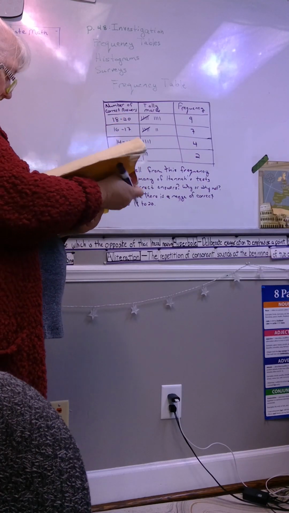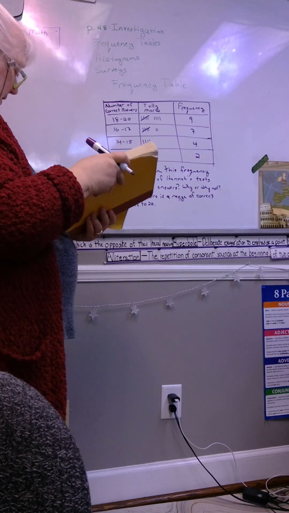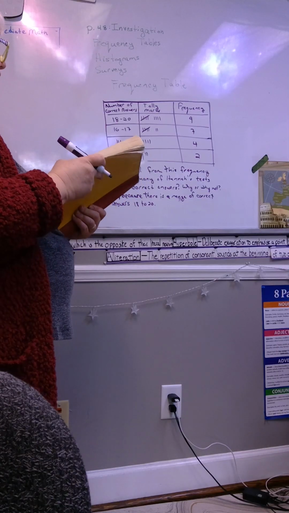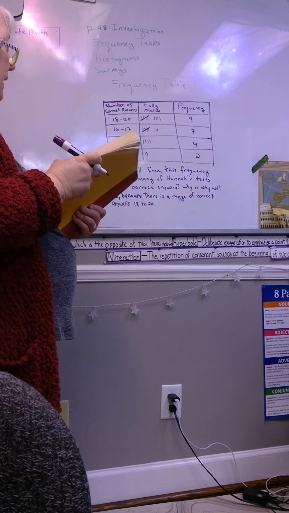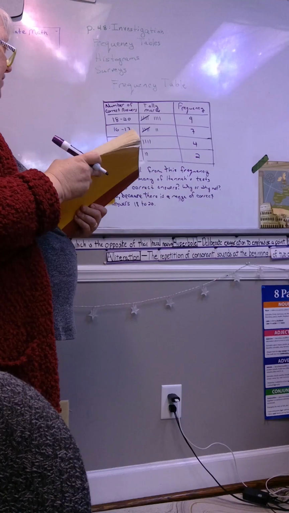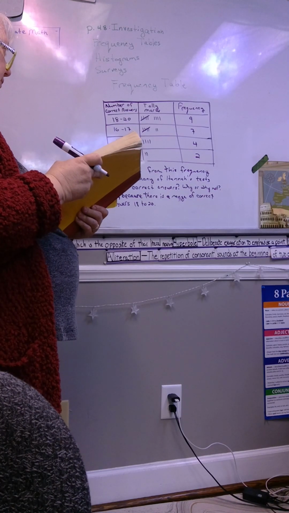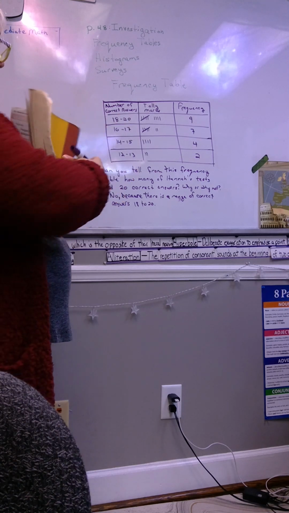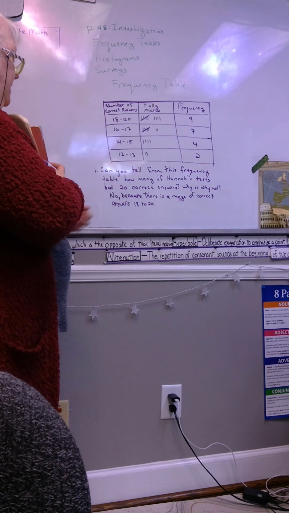So it says, for number 2, Hannah tallied the number of scores in each interval. How wide is each interval? Miss Mickey, I have a question. Does that say 16 through 17 or 10? Yes, that says 16 through 17.